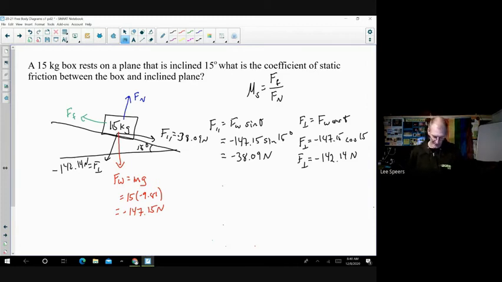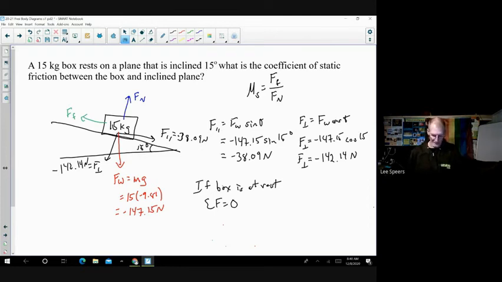Since we're at rest, if the box is at rest, then the net force is 0, right? The object's in equilibrium. The forces are balanced. The net force is 0. Those all mean the same thing when an object's at rest.